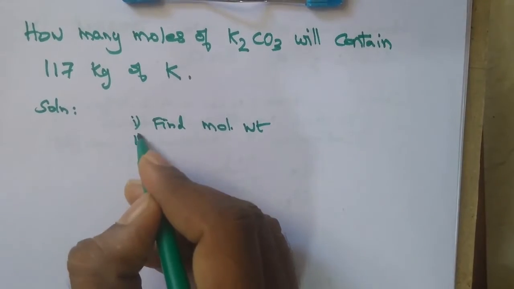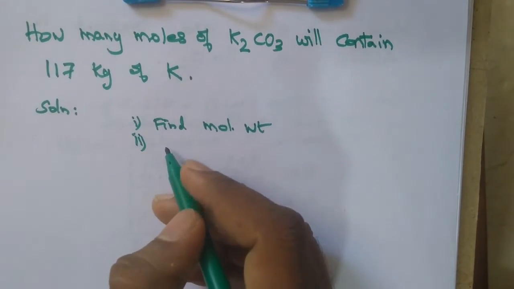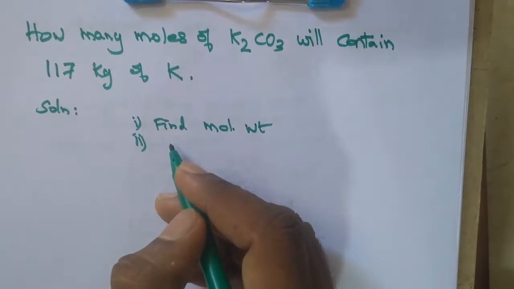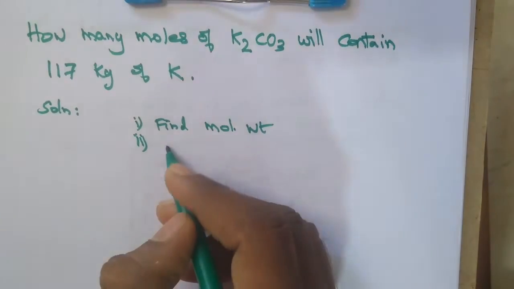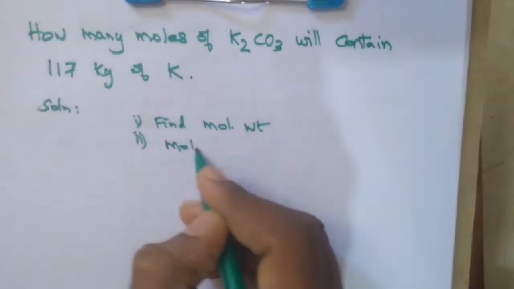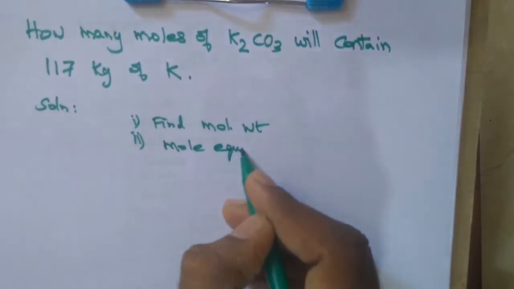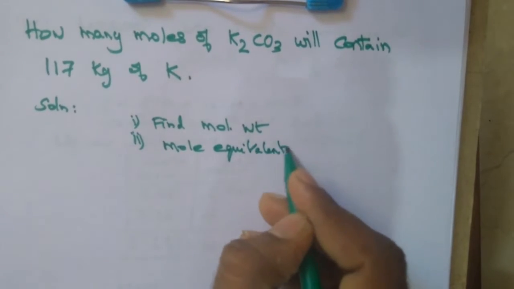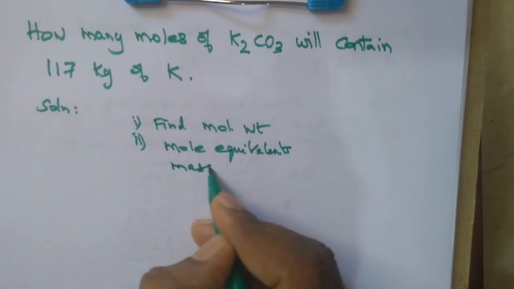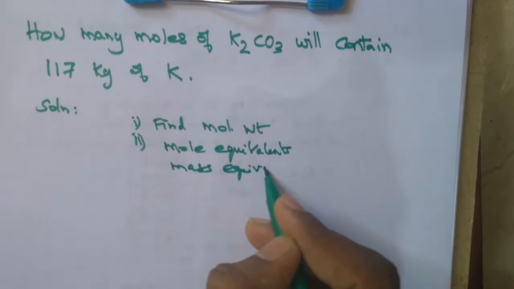Then we will write the mole equivalence. 1 mole of K2CO3, how many moles of K? Then we will convert them to mass equivalence. Okay, so first we will do mole equivalence, then we will write the mass equivalence.